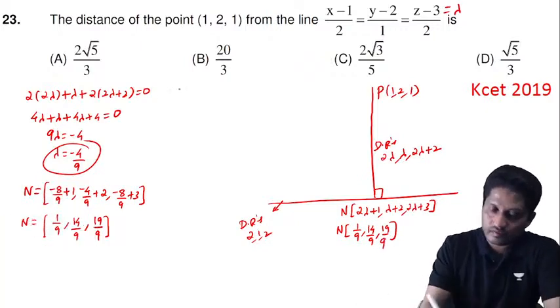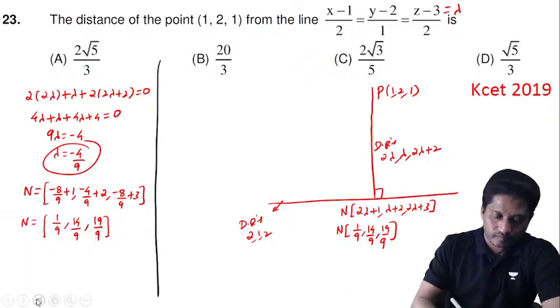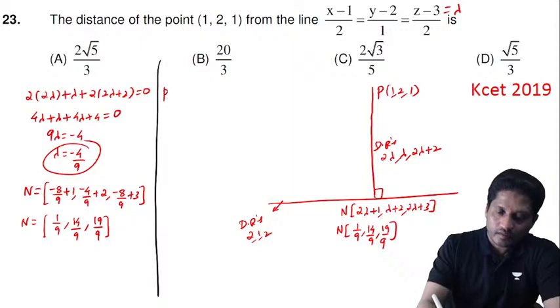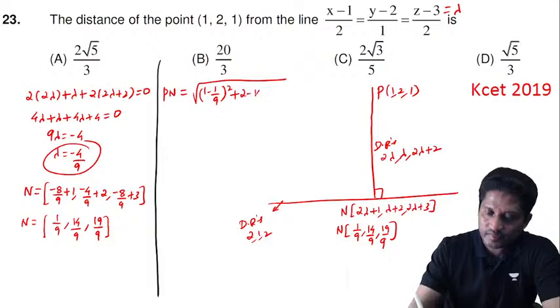Now PN is equal to root of 1 minus 1 by 9 the whole square, plus 2 minus 14 by 9 the whole square, and then 1 minus 19 by 9 the whole square.